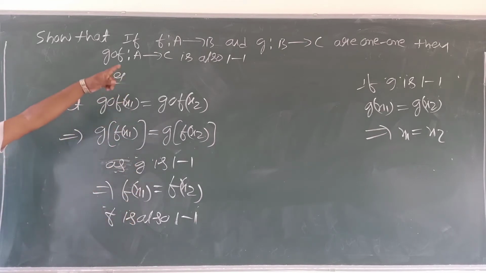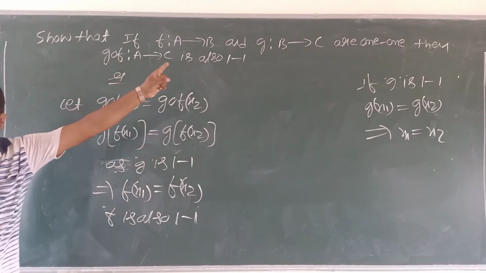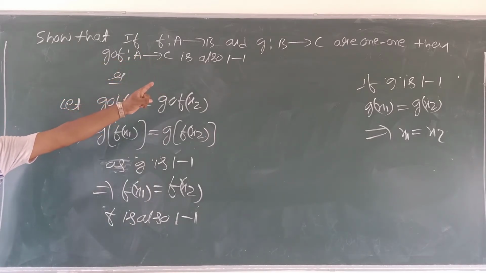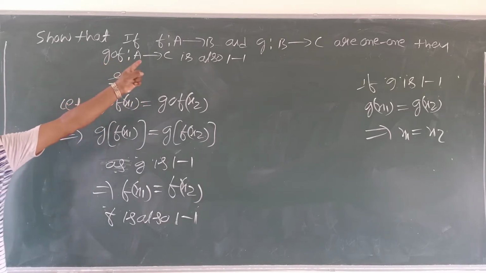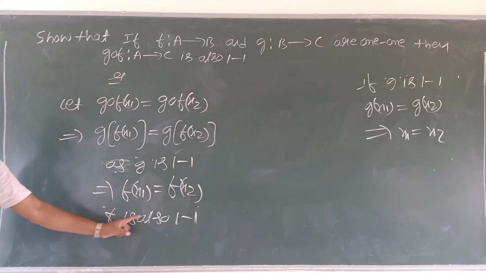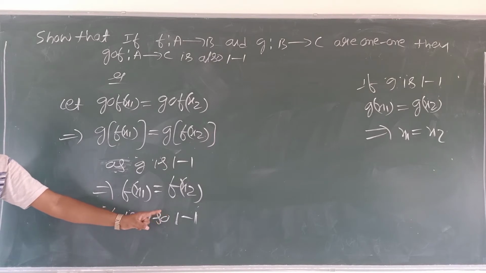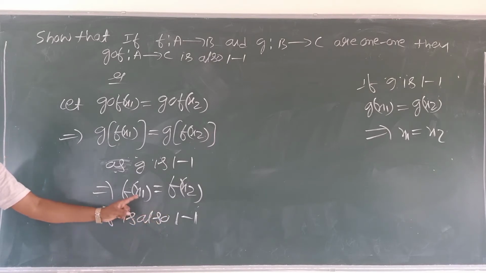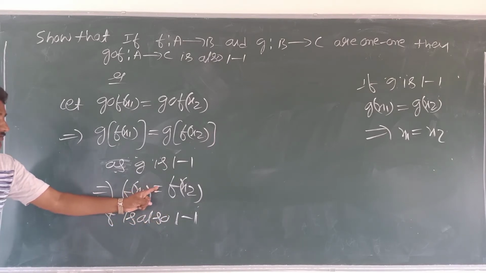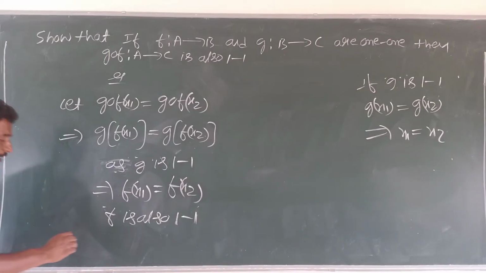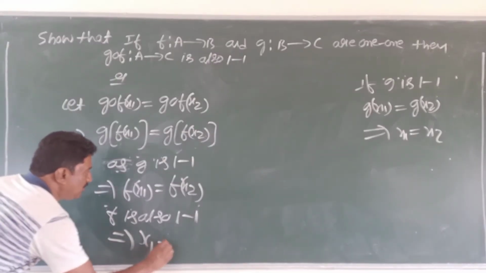It is given in our question. Read the question first. By taking both f and g as 1-1, here it is required to prove g∘f as 1-1. f is 1-1, f is also 1-1. Since f is 1-1, f(x1) equals f(x2) can be written as x1 is equal to x2.